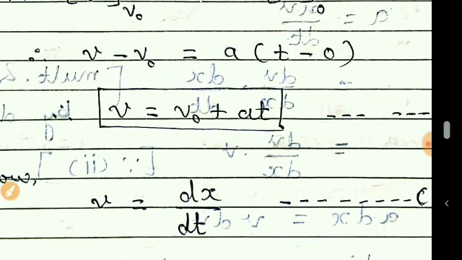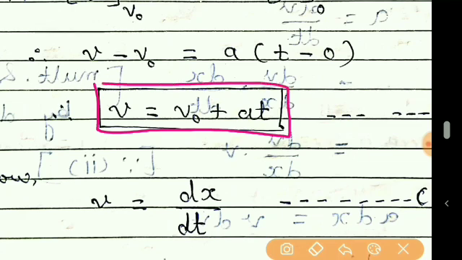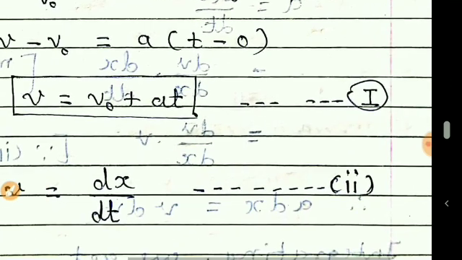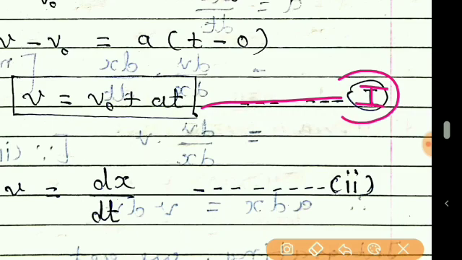So we get this equation, v is equal to v naught plus at. This is the first kinematic equation, which we also obtained in the graphical method. So let us give this equation number 1, first kinematic equation.